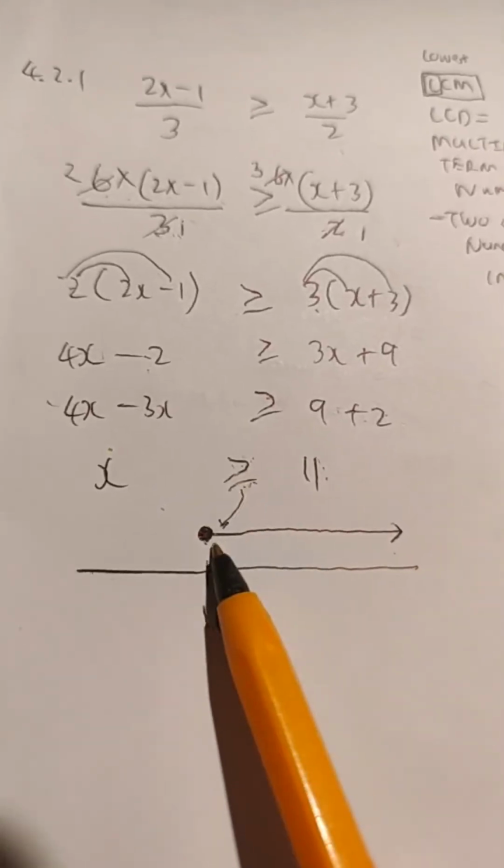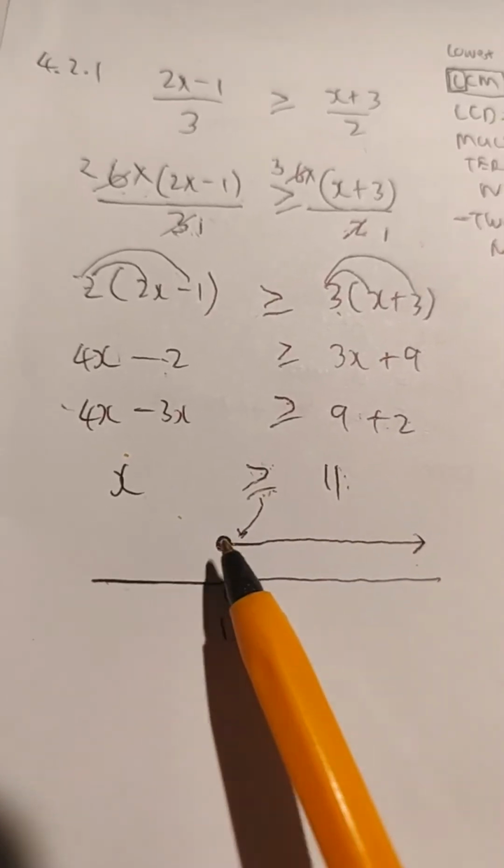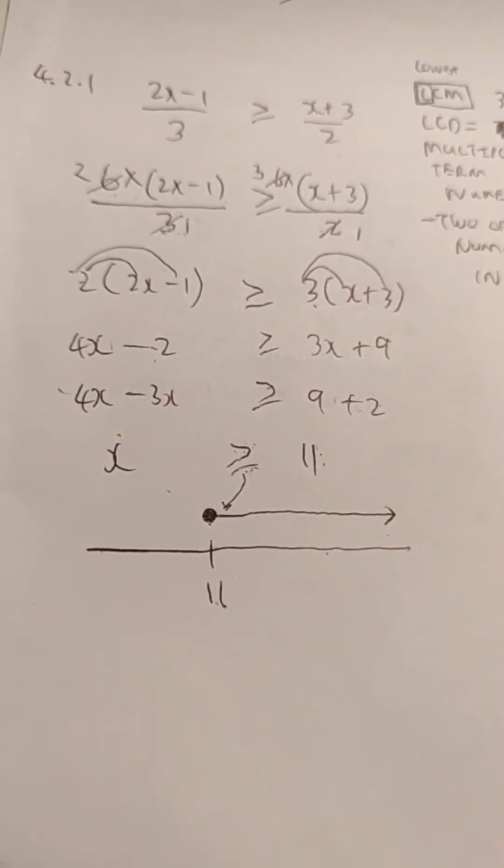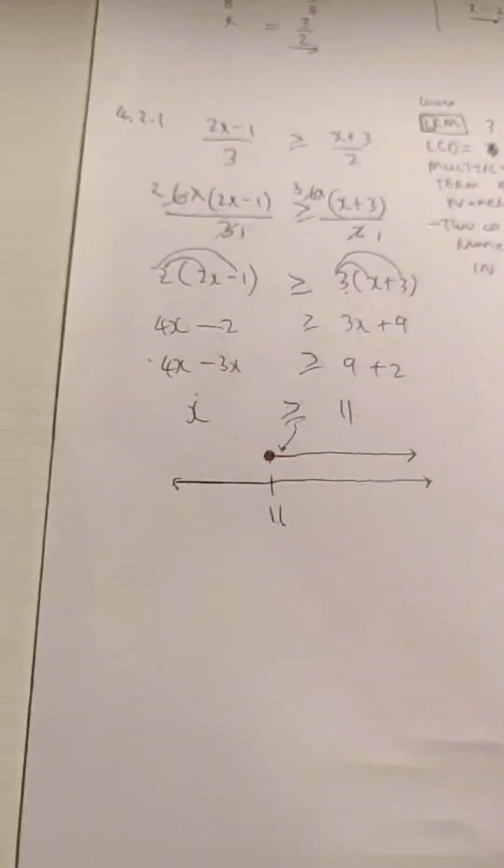But we include 11, so we have a shaded dot. That is how you represent your answer on a number line. And that's that. Okay, guys, it's straightforward like that.